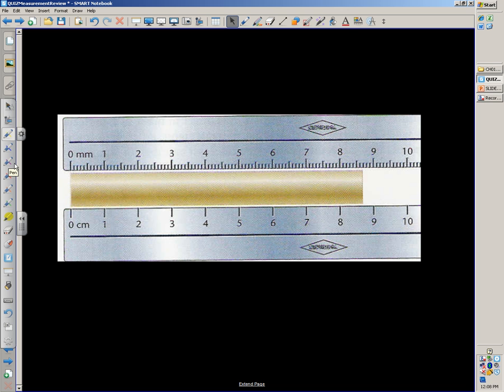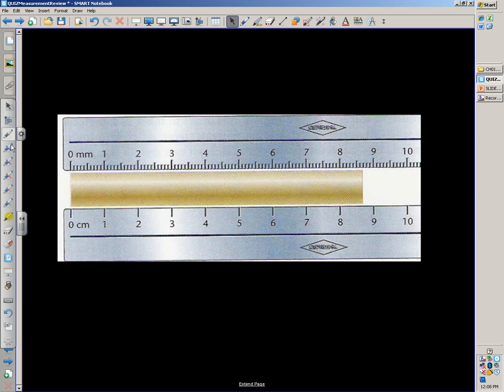Okay? Here's an example of certain versus uncertain digits. This gold bar, I don't know if it's actually real gold, probably not, seeing as how it's just a picture, is being measured by two separate rulers. Those rulers have different marks, meaning there should be a different number of certain digits and uncertain digits.